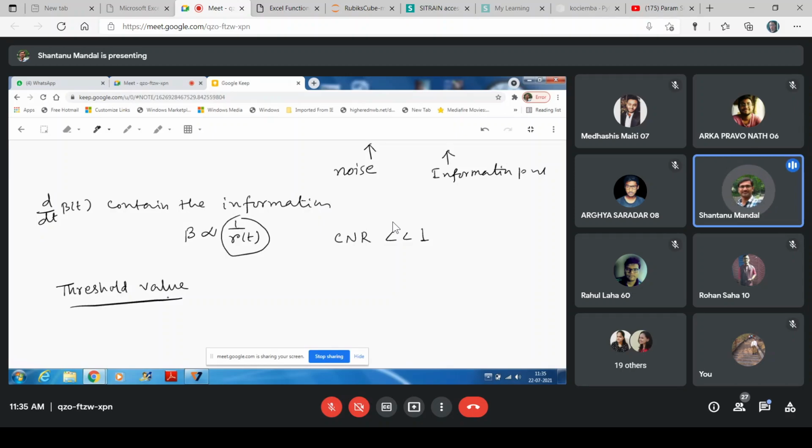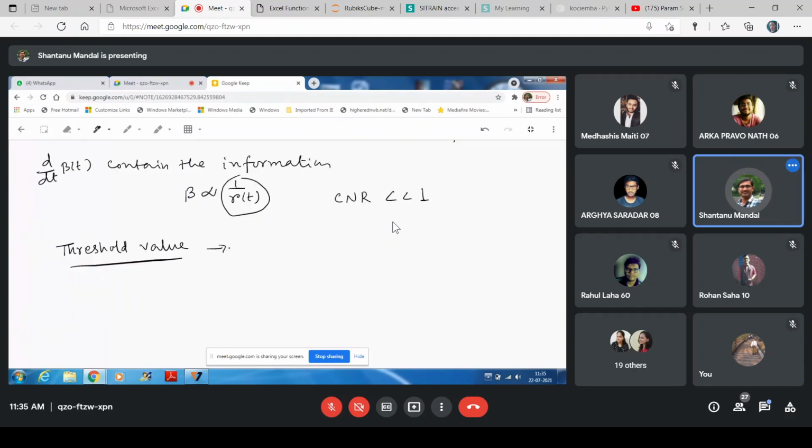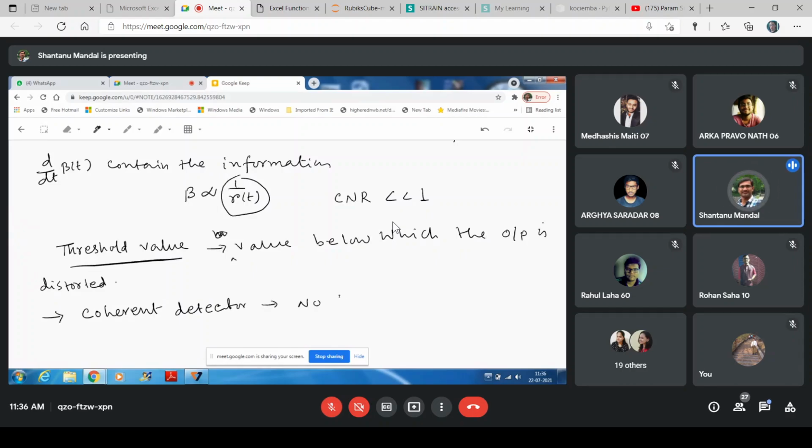You have to remember that the threshold value is the value below which the output is distorted, and the total effect is known as the threshold effect.